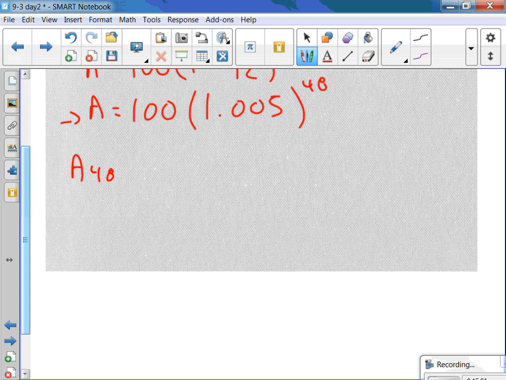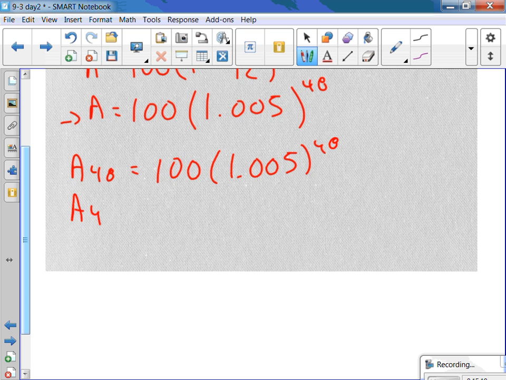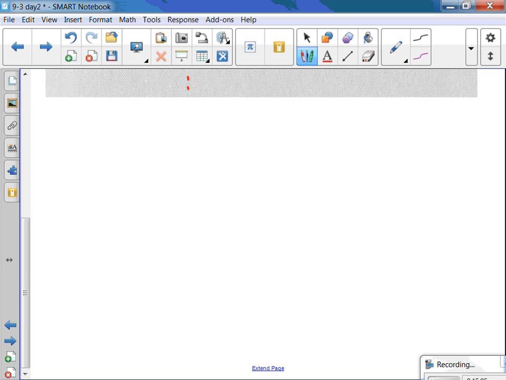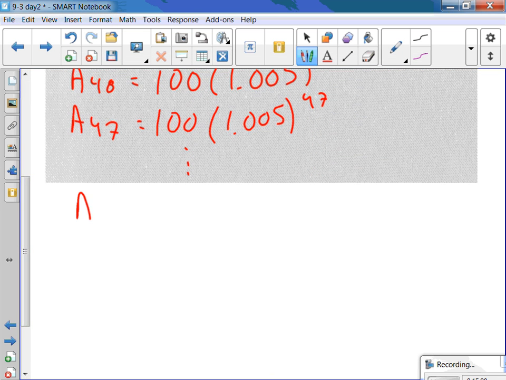That gave me 100 times 1.005 to the 48. For that 47, what is it? Absolutely. Always on down to that last month where we only kept it in the bank for 1 month. 100 to that first degree.